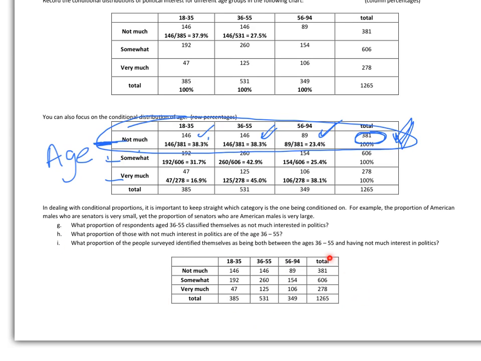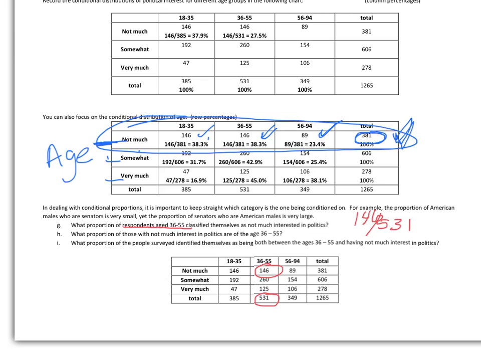Here's our original data. What proportion of respondents aged 36 to 55 classified themselves as not much interested in politics? Well, our denominator is right here. So out of 531, there's 146 that were not much interested in politics.